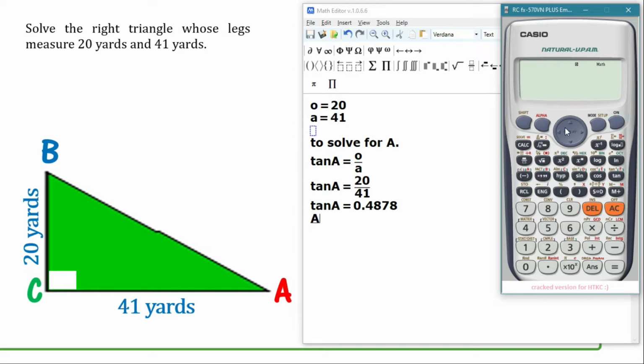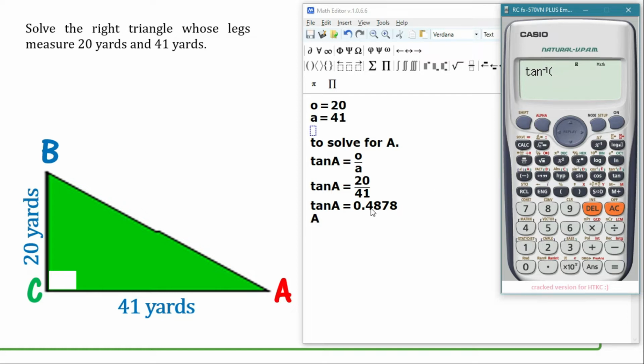So, para mas makuha natin yung angle measure, ang gagamitin natin would be the inverse function. Press lang natin ang shift. Tapos, kung mapapansin niyo, this is tan raised to -1 yung yellow. So para mag-function siya, kailangan mo munang pindutin yung shift. So that is shift tan, that's going to be the tangent raised to -1, meaning to say the inverse function.